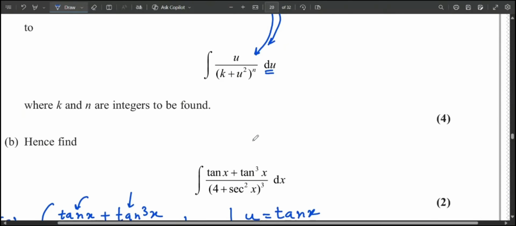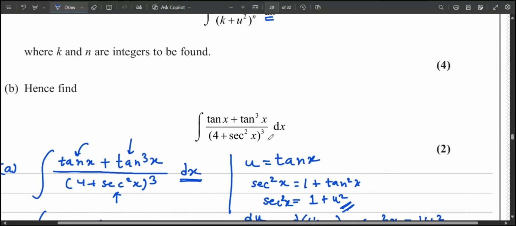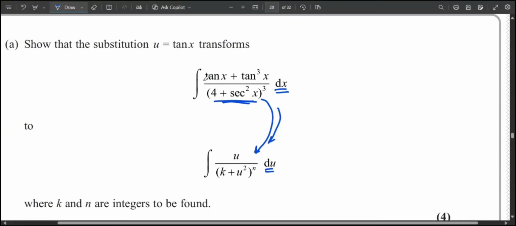We can see that this expression is exactly the expression in part A that we transformed to u.